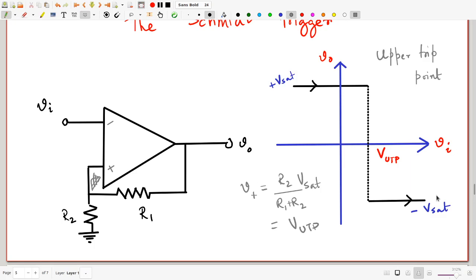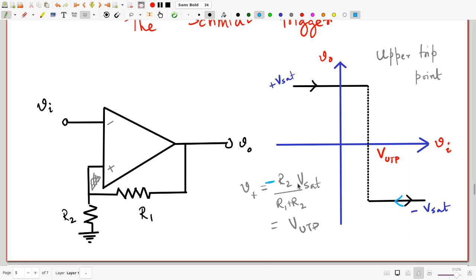But now, let's think of what will happen if we start decreasing the input voltage. So we are going back. The input voltage is decreasing. But now notice what happens to the V plus. V plus now is no longer VUTP. The output voltage is no longer plus Vsat, it's minus Vsat.